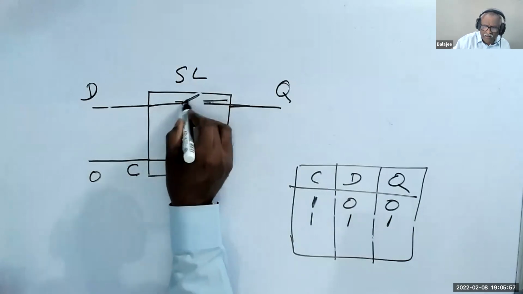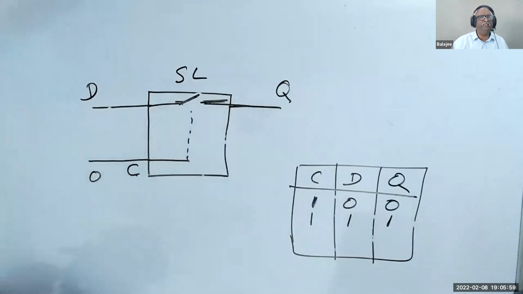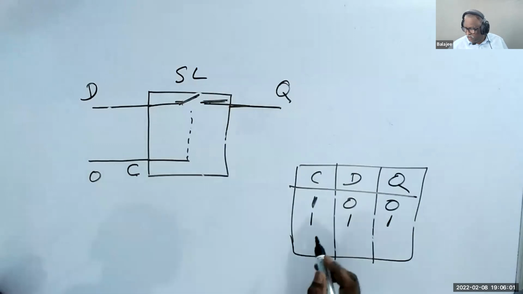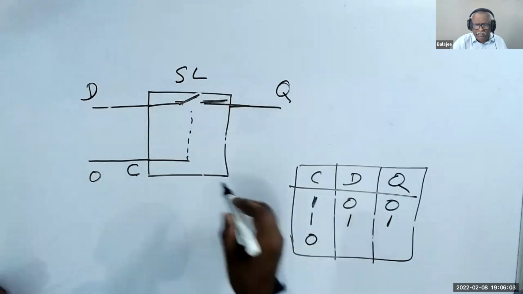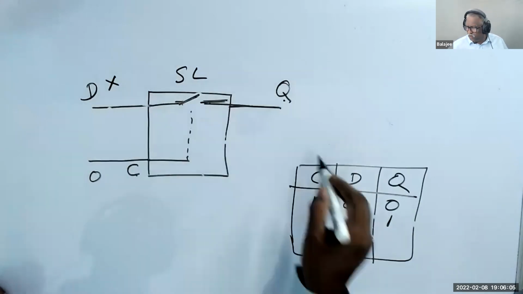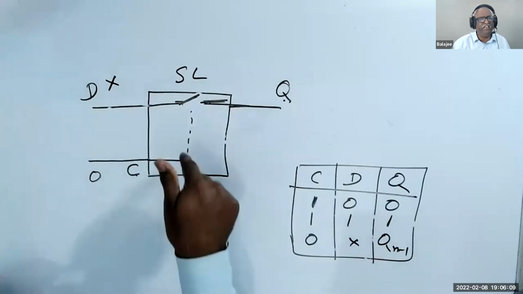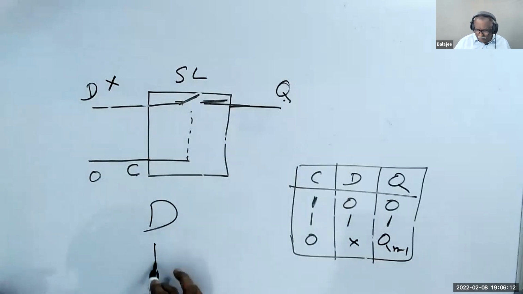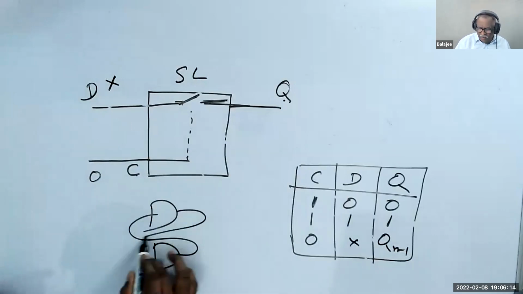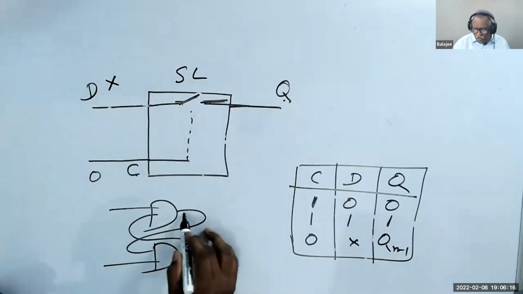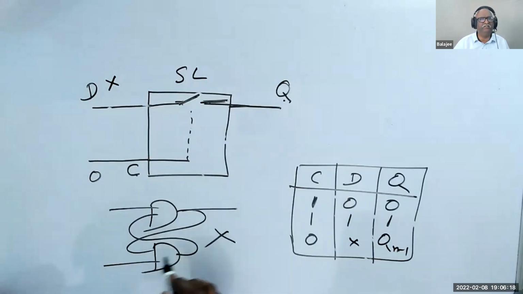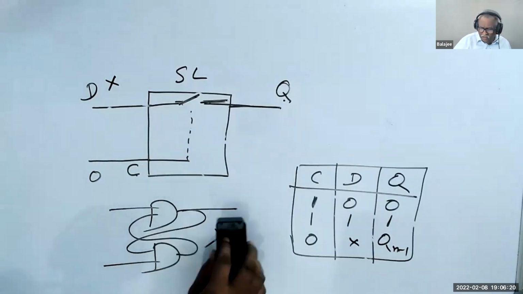Now, when C is 0, the switch is off. But this one has a speciality. When C is 0, D could be anything and that does not affect Q. Q holds the previous state, which we have seen, how it remembers. We did the feedback. Even though we have discussed it, you can forget all these things, because if you start remembering everything, you are gone.